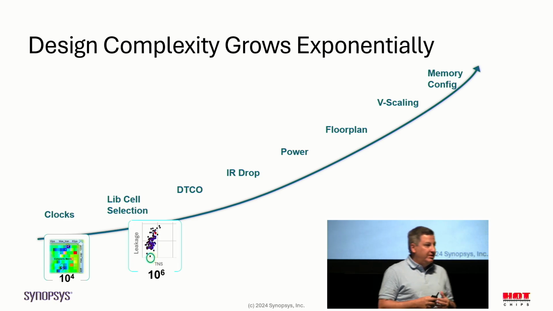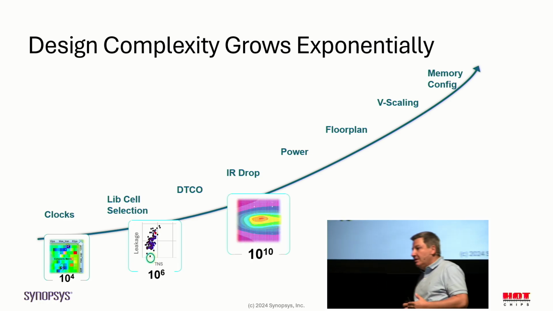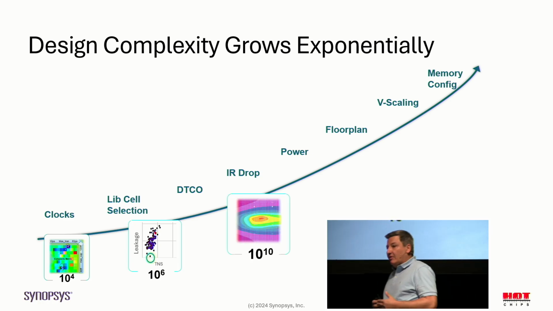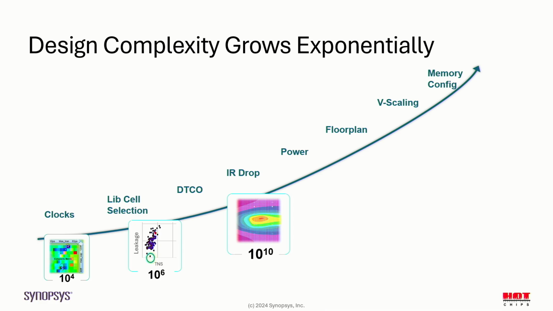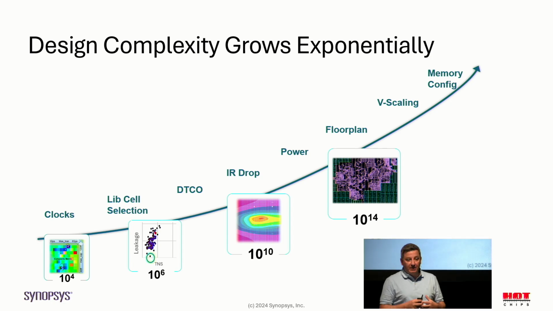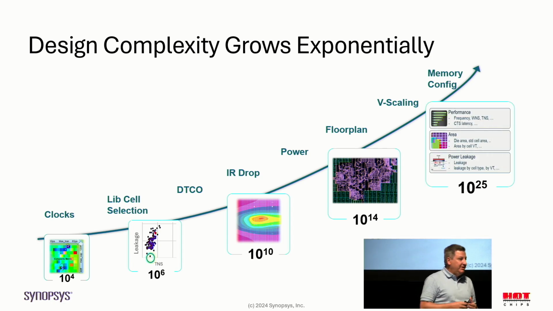Library cell selection is an even larger space, maybe 10 to the 6, as you're trying to optimize leakage through cell selection. When you go to IR drop, you have a lot more parameters you're looking at, so the state space grows to maybe 10 to the 10. Floor plan, Mark picked it for a reason, is one of these areas where all the complexity meets you at once, and it applies pretty much globally to all other parameters: 10 to the 14.